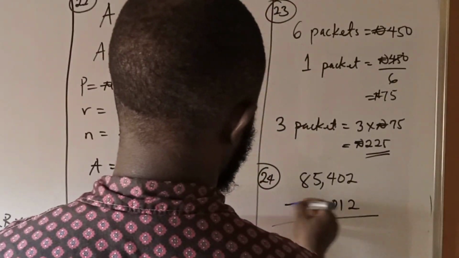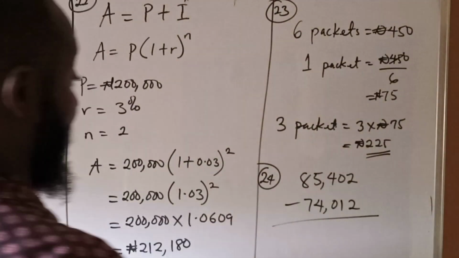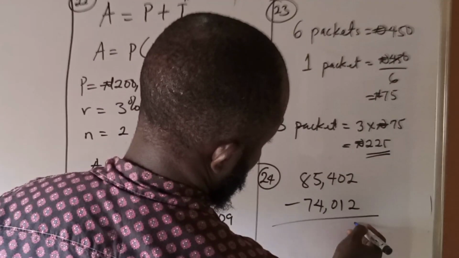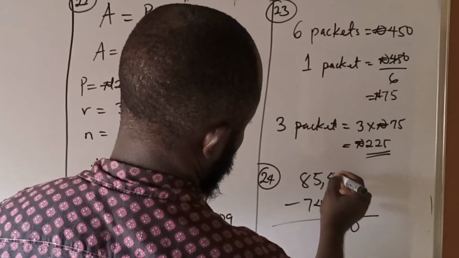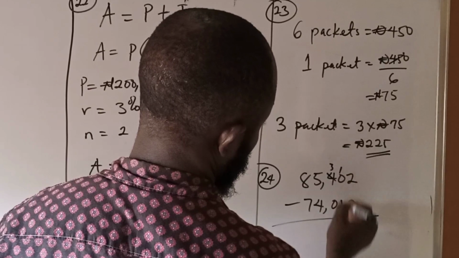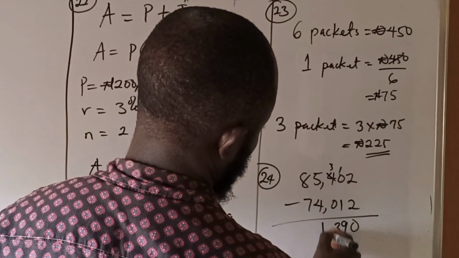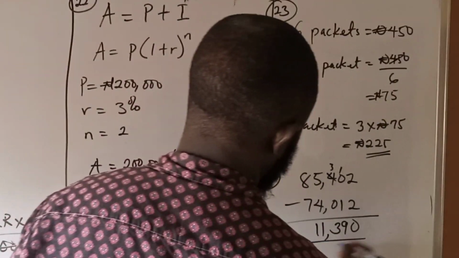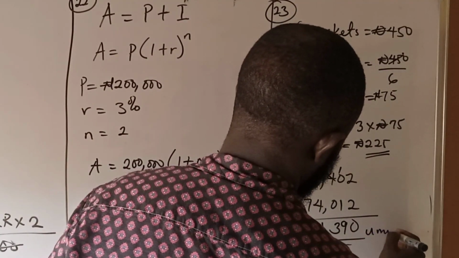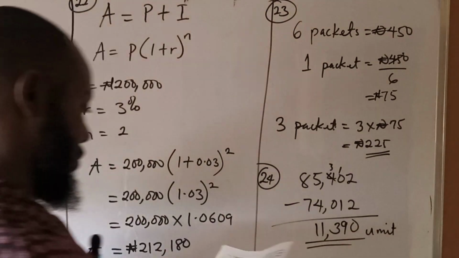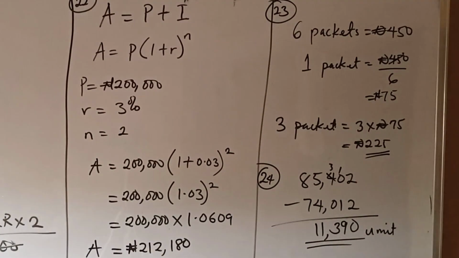The difference will be the units consumed by this customer. We subtract, and this gives us 11,390 units used by the customer.